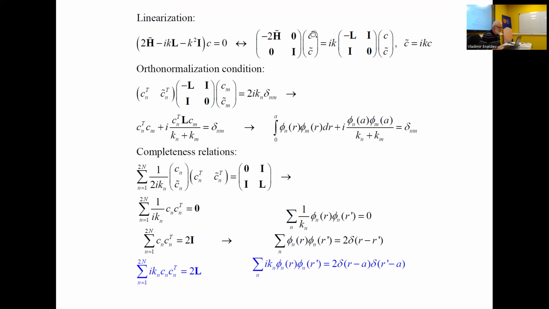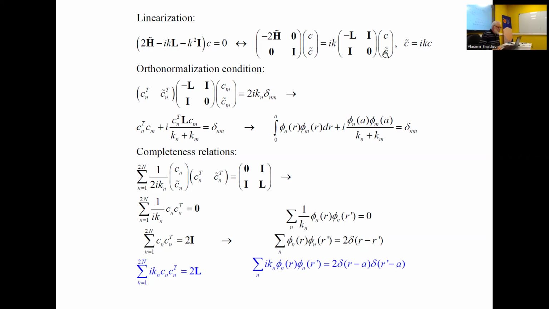And for such a combined vector of dimension 2 times n, this quadratic eigenvalue problem takes this linear form. Now the eigenvalue k appears, as it should, just in the first power, but there is some weight matrix. And this is the matrix whose eigenvalue with such a weight must be found.